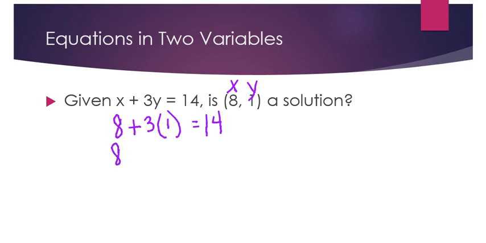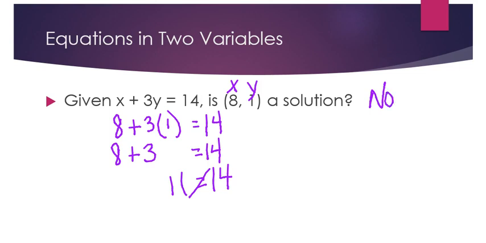The 8 stays the same. 3 times 1 gives us 3. Okay, and remember it's supposed to equal 14. 8 plus 3 is 11. And that is not a true statement. So, this is not going to be a solution.